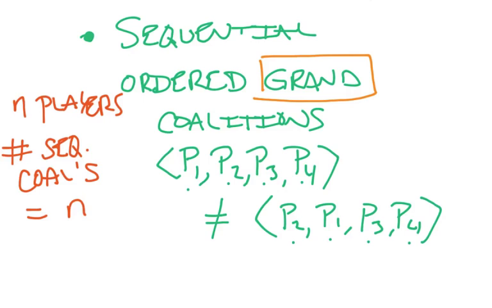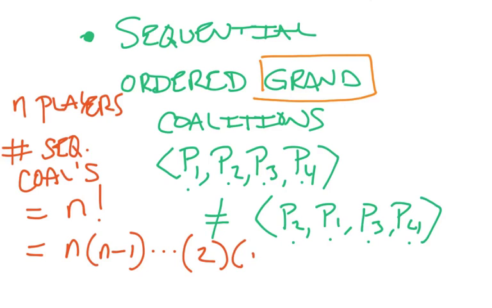It turns out to be n factorial, which is n times n minus 1 times n minus 2, all the way down to times 2 and times 1. And these numbers grow very, very fast. If n is 3, there are 6 sequential coalitions. That's not bad. If n is 4, there are 24, which is a lot. If n is 5, there are 120. If n is 6, there are 720, and so on and so forth. It only gets worse from there.